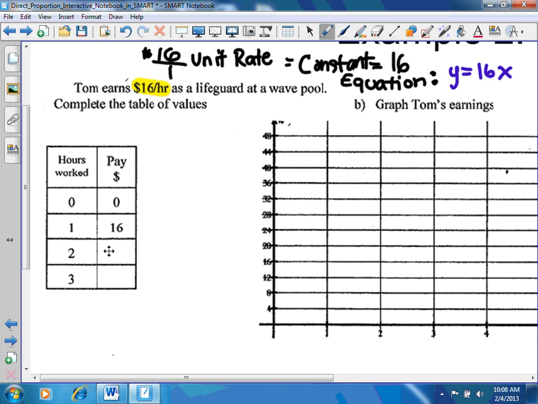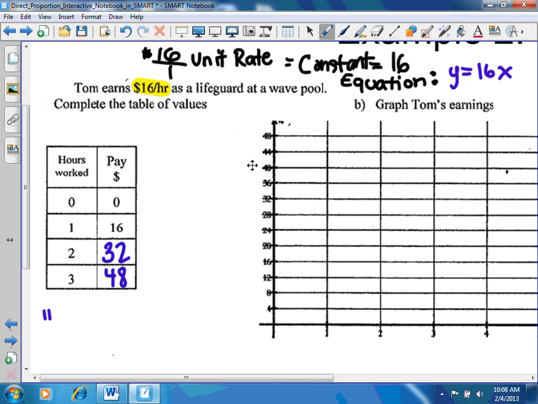32, yes, good. If he works 3 hours, you have calculators, how much? 48. What's the trend here? The more he... write that down. Now I don't want you to write over here where this graph is.